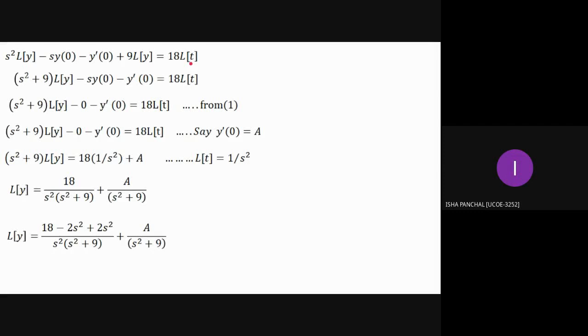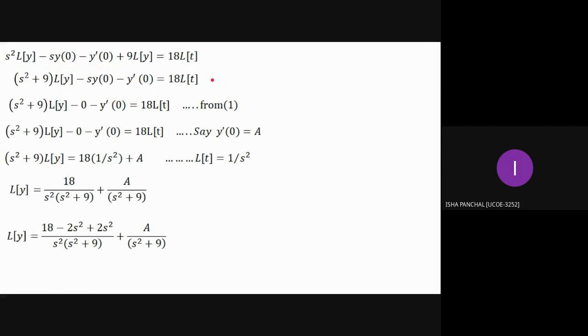This is the equation which we obtained in the previous slide. Now, taking Laplace of y common, we get s squared plus 9 into Laplace of y minus s into y of 0 minus y dash of 0 equals 18 Laplace of t.